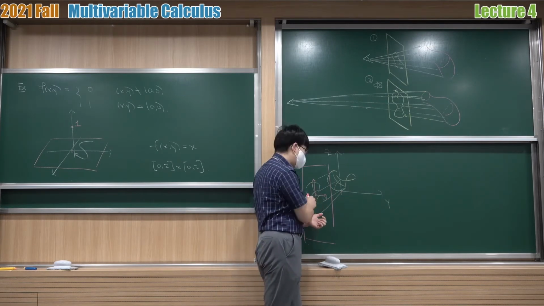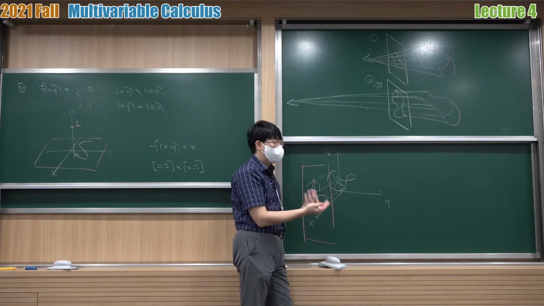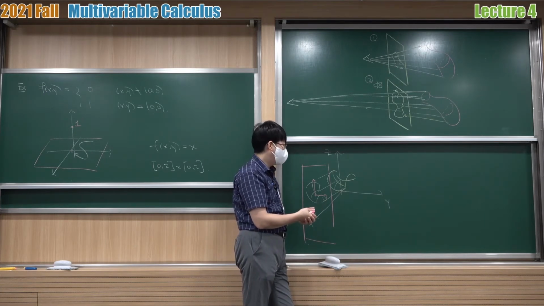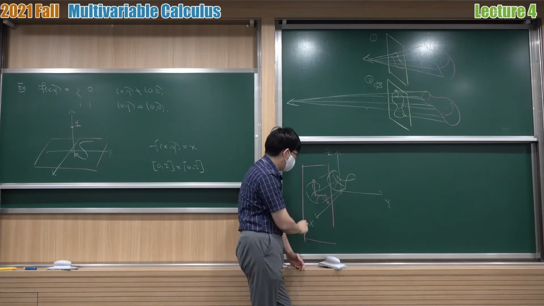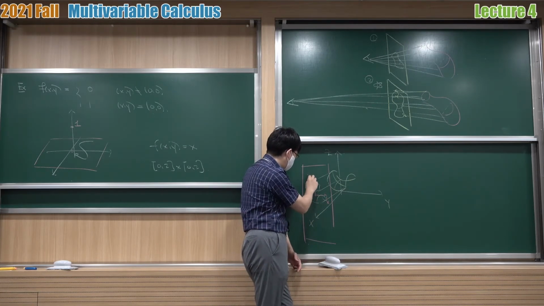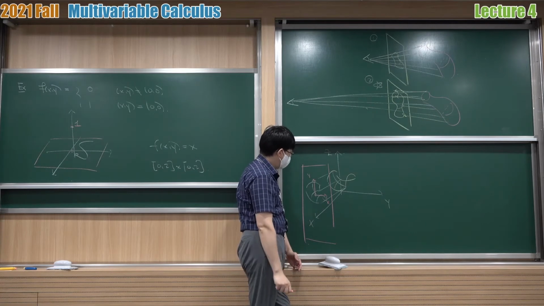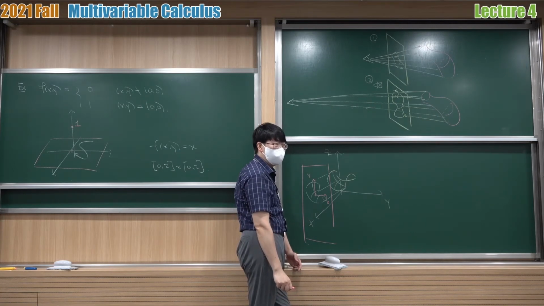If your axis changes, then there's no meaning of changing the perspective. So the red line, which represents the horizontal one, the x-axis, and the vertical one, the y-axis, shouldn't change.